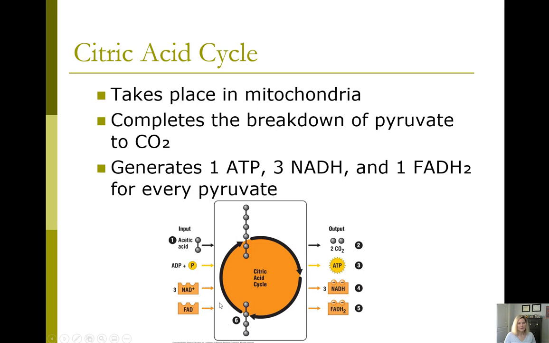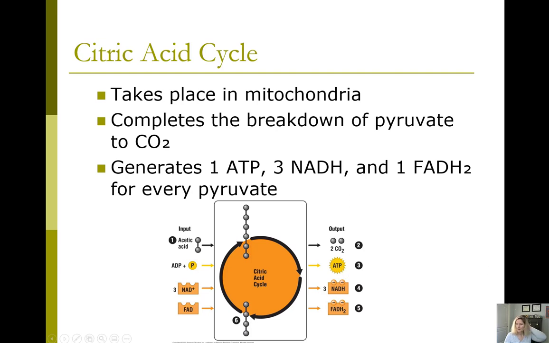And then in this process, we now have a 6-carbon chain again, and this citric acid cycle is a series of reactions where we systematically remove the carbons to produce the carbon dioxide, stripping it, so we're oxidizing this to form a lot of electron carriers. And we actually produce 2 ATP in the process.